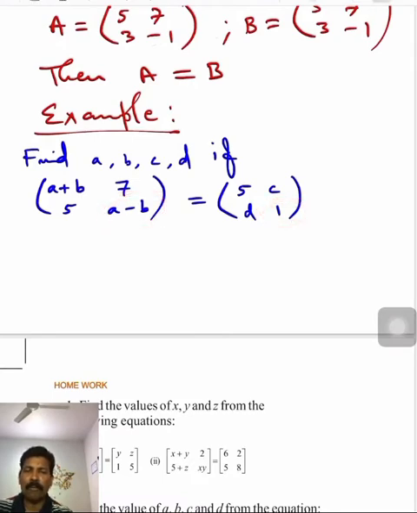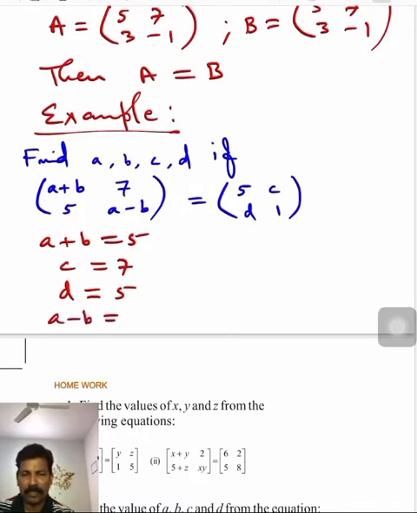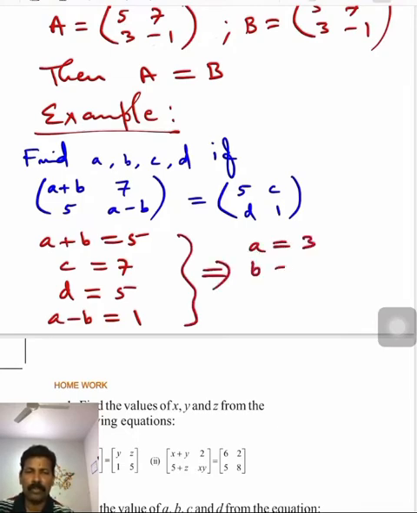So we have 4 equations: a plus b is equal to 5, c is equal to 7, d is equal to 5 and a minus b is equal to 1. Solving these equations, we get a is equal to 3, b is equal to 2, c is equal to 7 of course, and d is equal to 5. That's all.